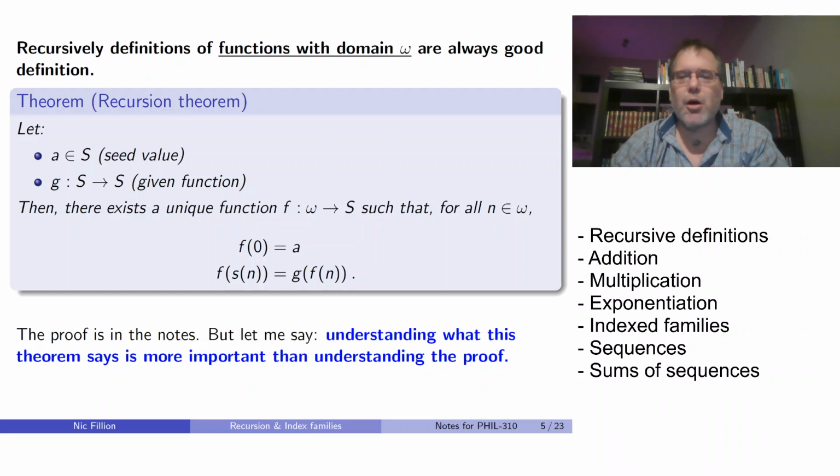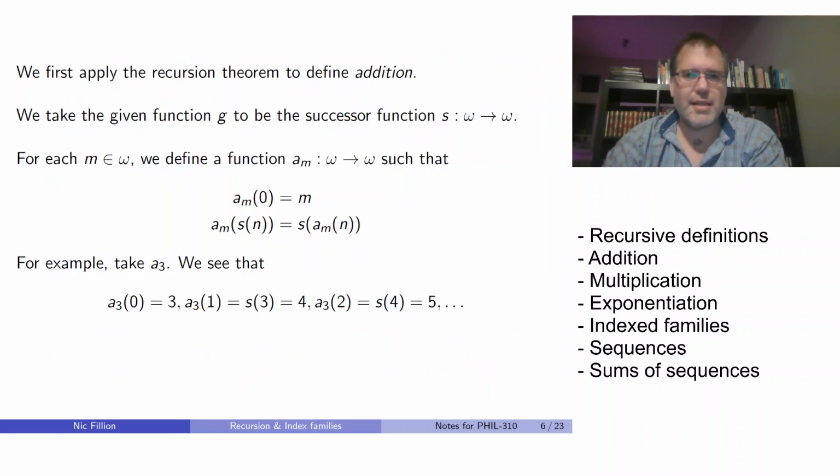It doesn't matter all that much. To me, what matters a lot more is that you understand how to utilize the recursion theorem in order to define those functions that we use to deal with numbers. So we're going to look at examples of how we can use the recursion theorem to define operations on natural numbers. So let's get started.